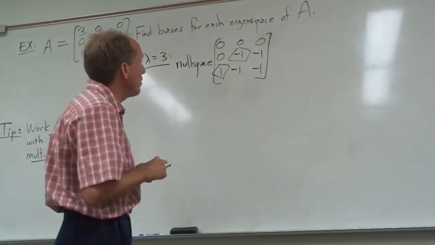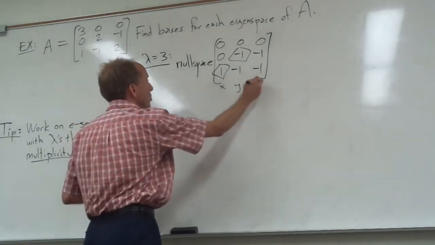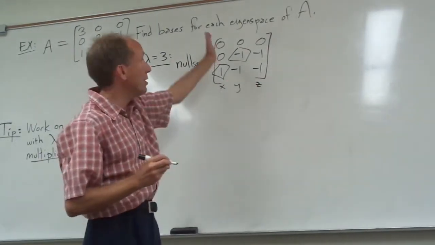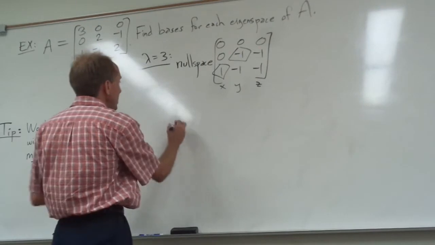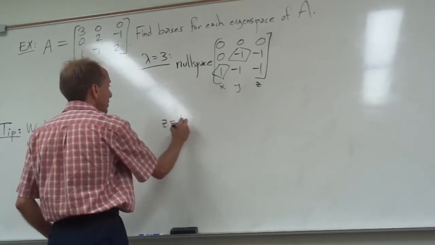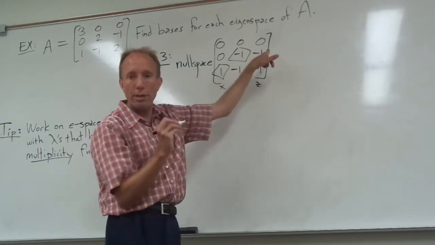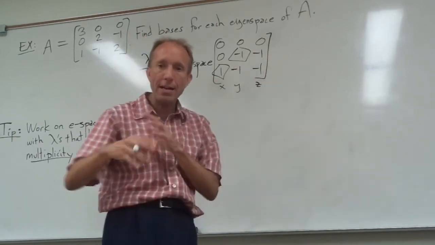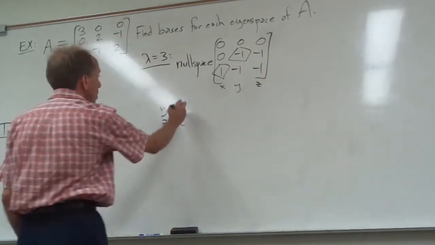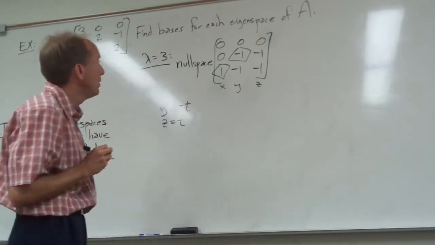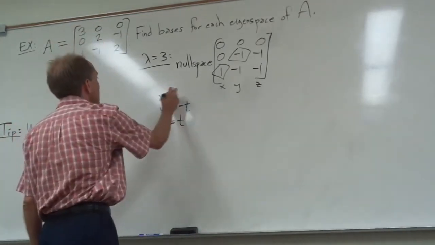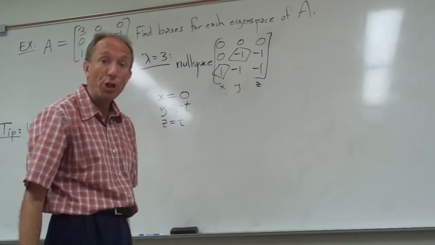So what you can do now is start setting up your free variables. Let me just use x, y, and z for the 3 columns here. So z is free. I'll call it t. And then from this middle equation, you can see that the y and the z have to have opposite signs, right? So y would be negative t. And then based on that, the x, as it turns out, has to be 0.